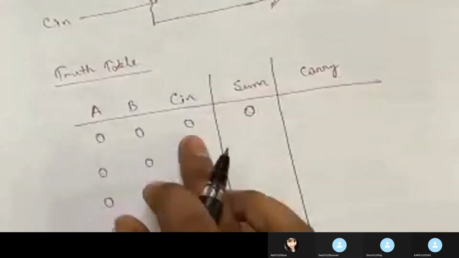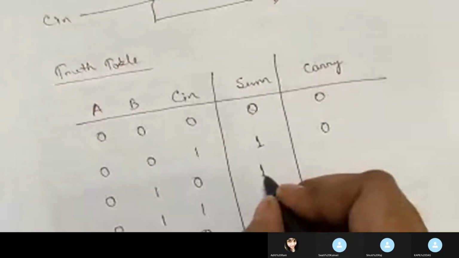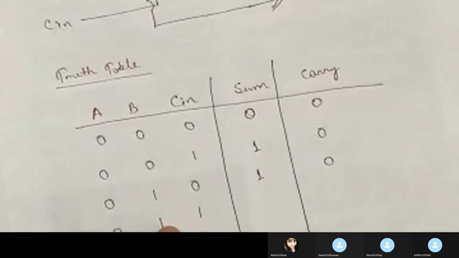So sum 0, carry 0. Sum 1, carry 0. Here it is sum 1, carry 0. Here see, it is 0, 1 plus 1.